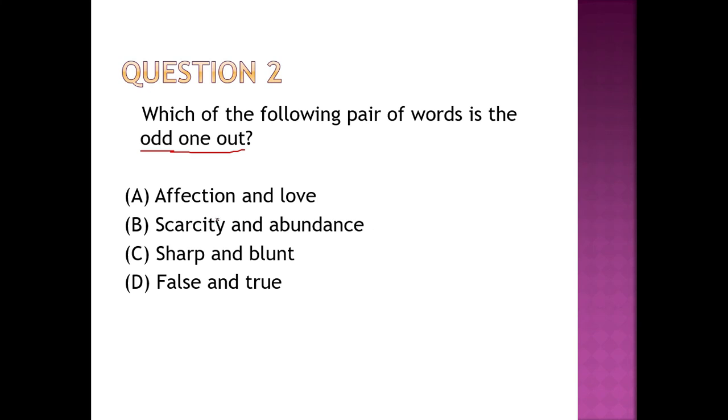of something. So, all right, here is something interesting, guys. We are looking for the odd pair of words, the odd one out. So it means that we're looking for the pair of words that is different.